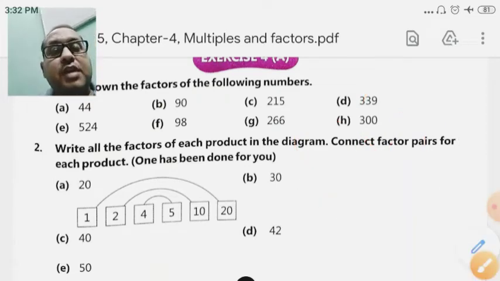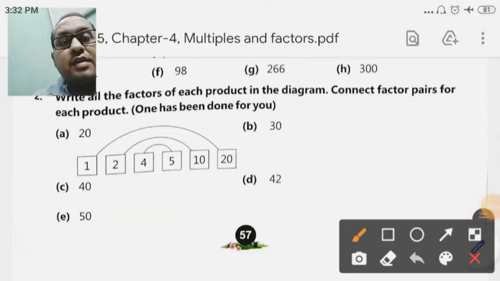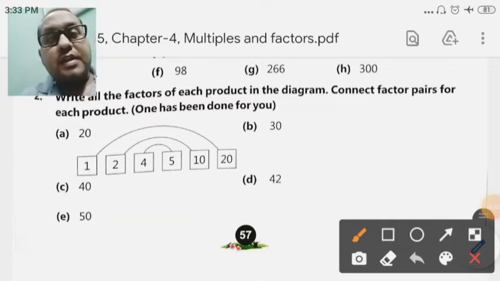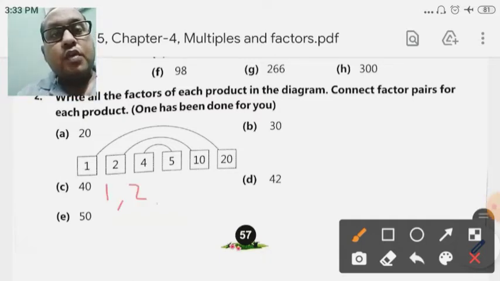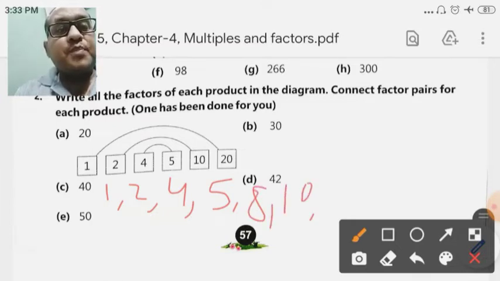Similarly, you have to find the factors of 40 and find the pairs also. The factors of 40 are 1, 2, it is not divisible by 3, then 4, 5, 8, 10, 20, and finally 40.